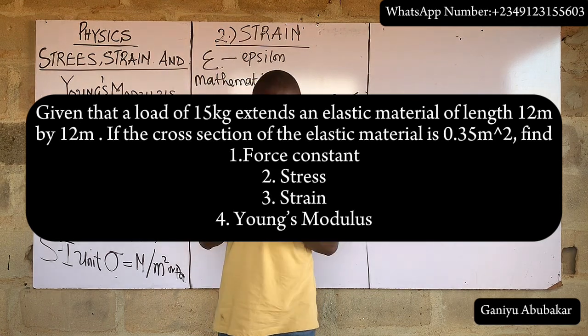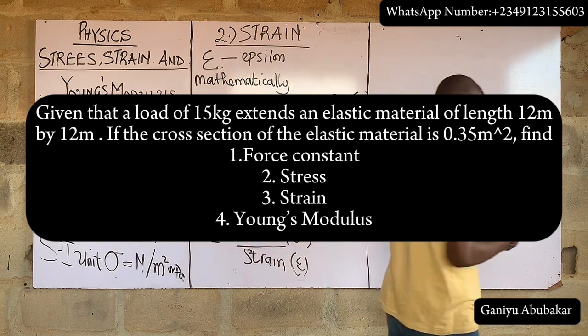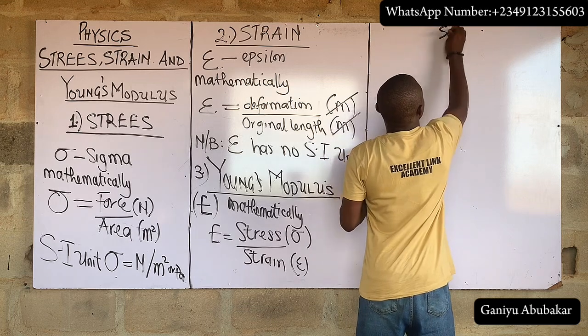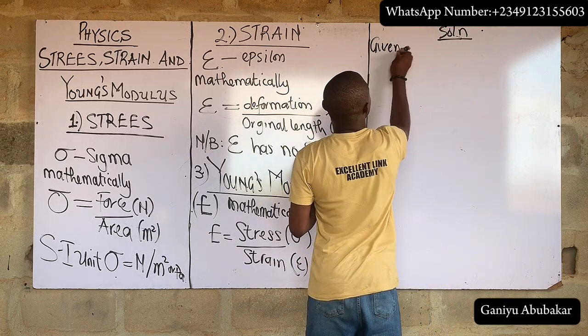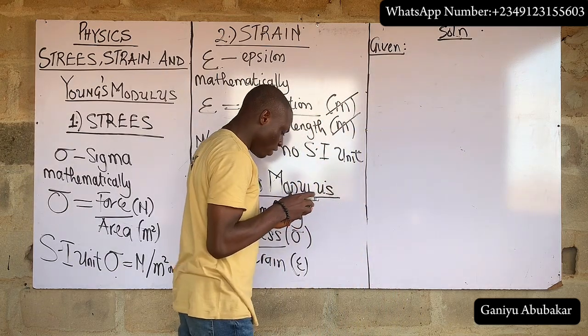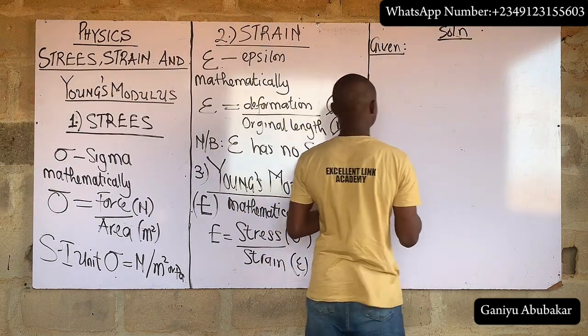Very first thing here is quite simple. My very first task here is to list out the givens. So, solution. What are we given? Very first thing in science, list out the given parameters. Given that a load of 15 kilogram, that's my load, that's my force per se.